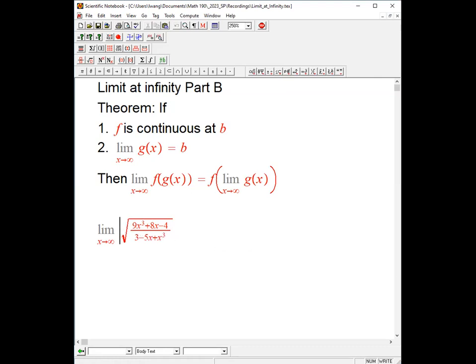And at this moment, we cannot take the limit inside because we have the limit inside the root. This approaches infinity, the bottom approaches infinity as x approaching infinity.